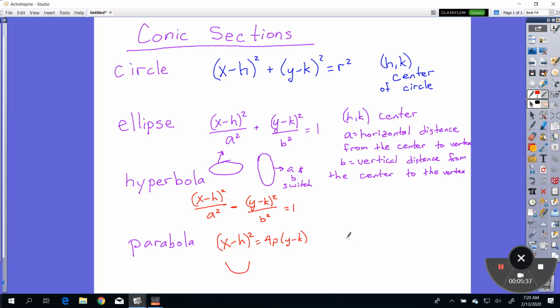A parabola that opens sideways is y minus k squared equals 4p times x minus h. So this is a parabola that opens sideways. And h and k is still, that's the vertex on this.